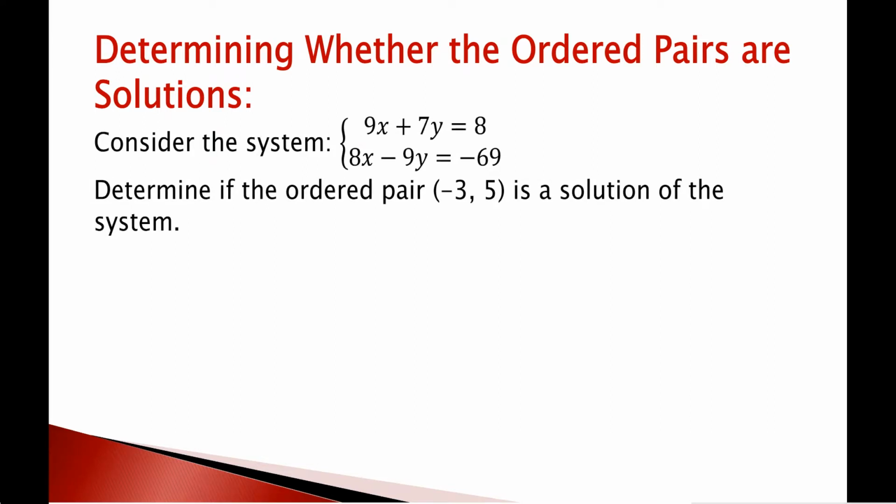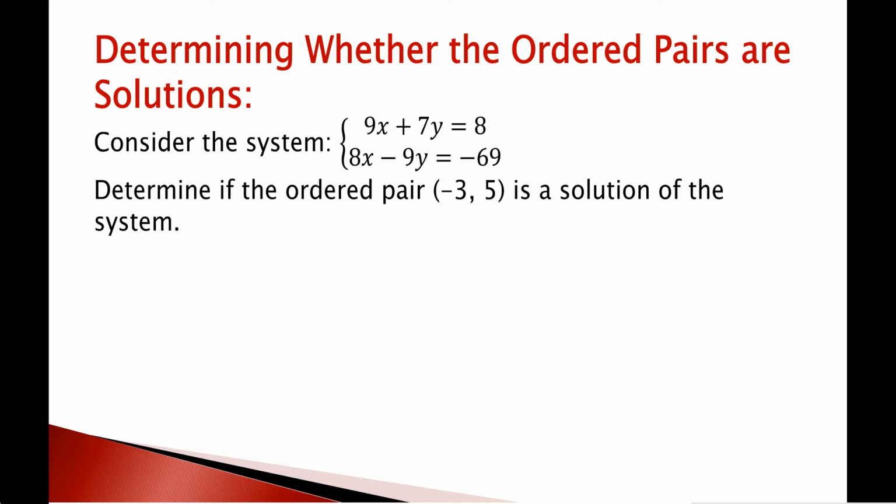For example, suppose we have this linear system of equations 9x plus 7y equal to 8 and 8x minus 9y equal to negative 69. So we need to now determine if the ordered pair negative 3, 5 is a solution of this system or not.